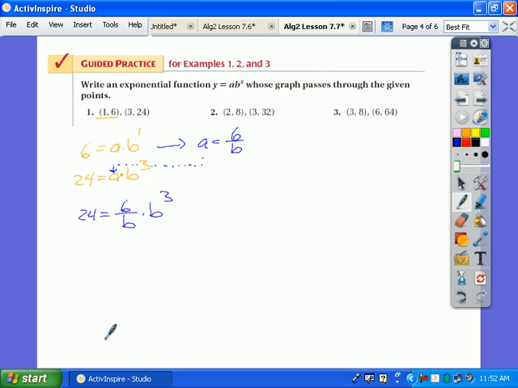Divide by 6, 4 equals B squared. B equals 2. If B equals 2, coming back up here and looking at the first equation, then A has to equal, A better be 3. And so now I know A, I know B, I know the equation. Y equals 3 times 2 to the x.